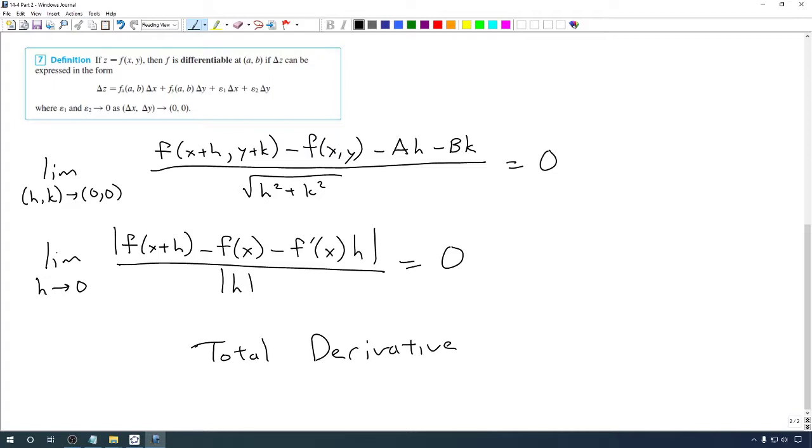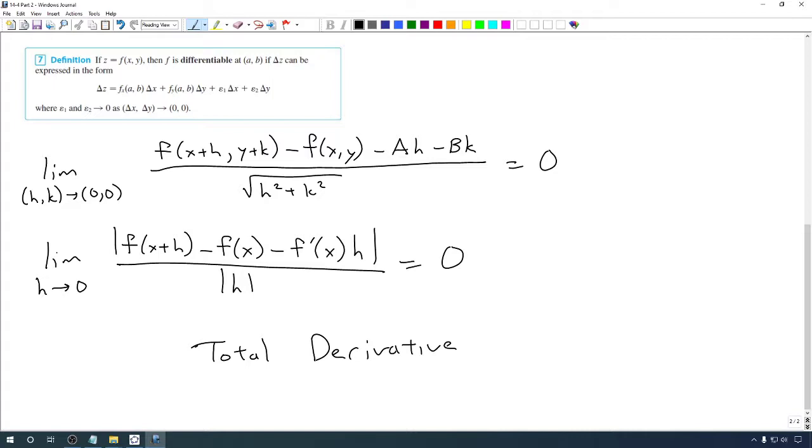We can't really get into it here because we lack the tools in this class to really work with it. I kind of do wish that Calculus 3 actually required linear algebra so that we could talk about the total derivative here.